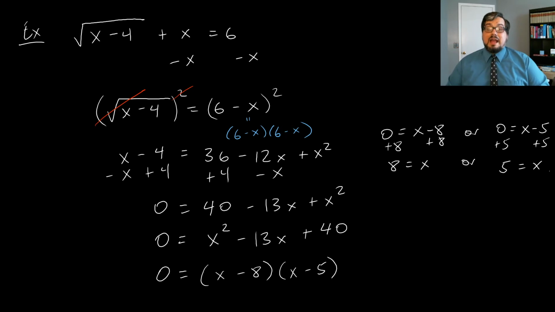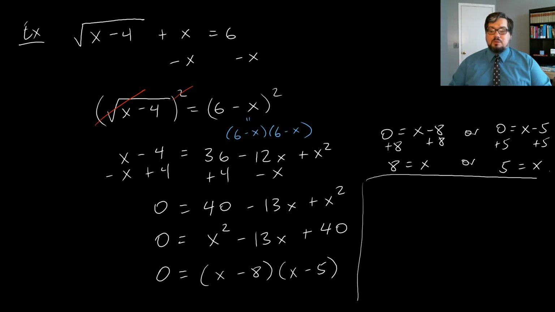Now again, we have to plug these into the original equation to see whether or not they work. So let's check. Let's first check x equals 8. If we plug 8 into the equation, then we ask, is the square root of 8 minus 4 plus 8 equal to 6?